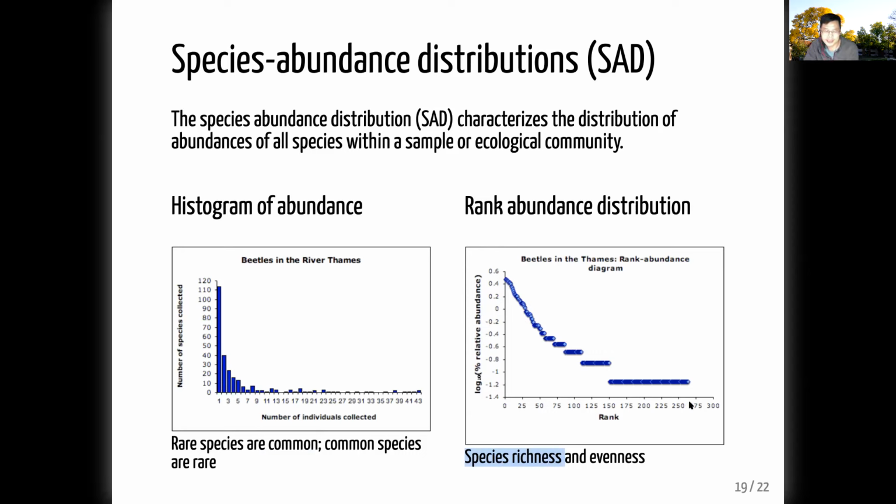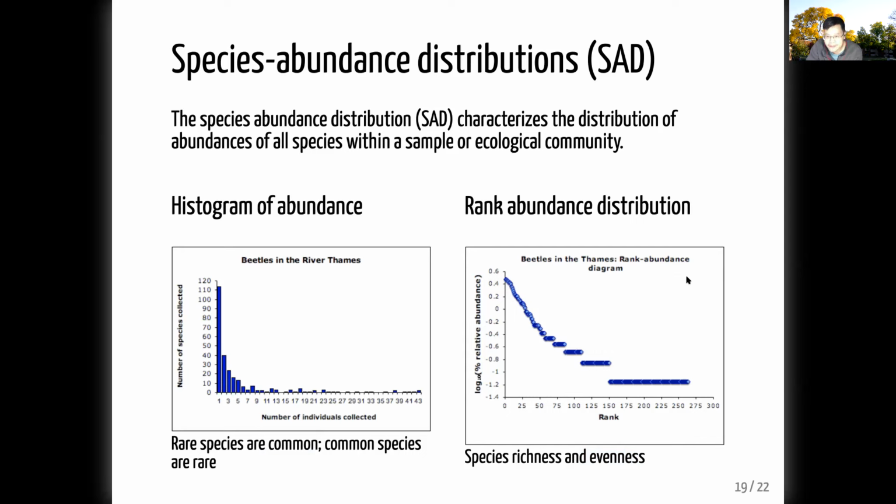So this can tell us the species richness, but it can also tell us the species evenness. So we can see this is a curve. And if say we have a horizontal line here, where all the dots fall on the horizontal line, which means all species have the same abundance, which is not going to happen in a natural community, just a hypothetical example, then that's going to be high evenness.